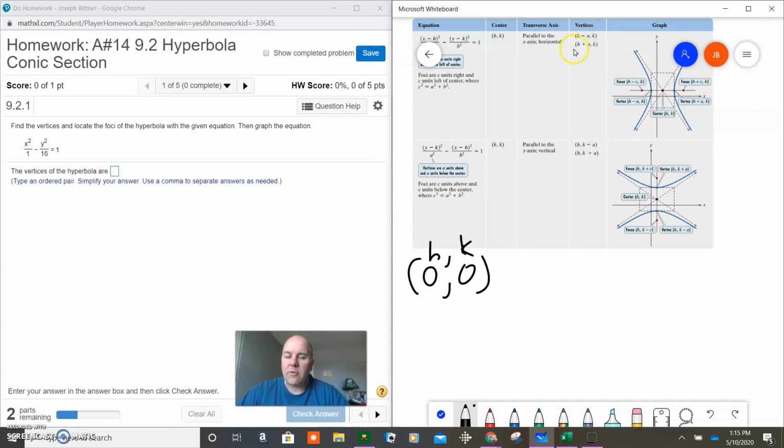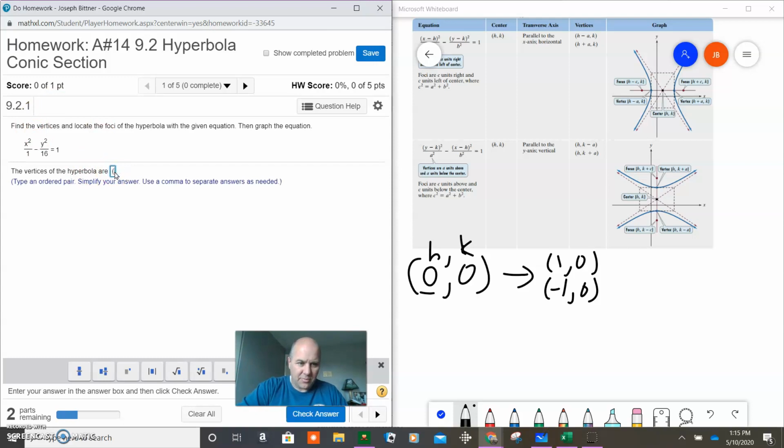Now, the way that we find the vertices is to take a, in this case the 1, and add and subtract that to the h value. That's kind of easy, because 0 plus 1 is 1, and 0 minus 1 is negative 1. And notice the k value stays the same.